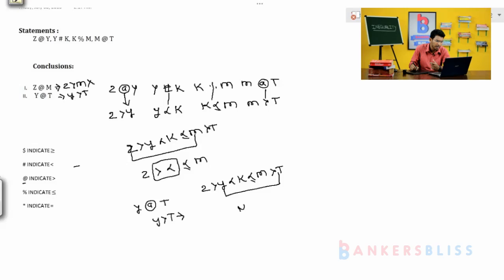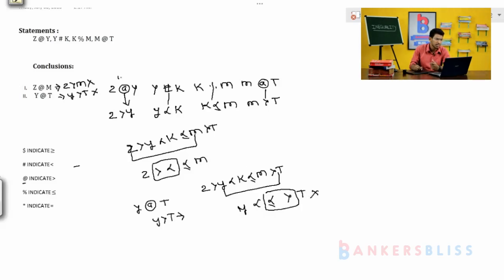Guys, again look here, Y less than or equal to greater than. Again we have the opposite sign, so the conclusion is considered as wrong.